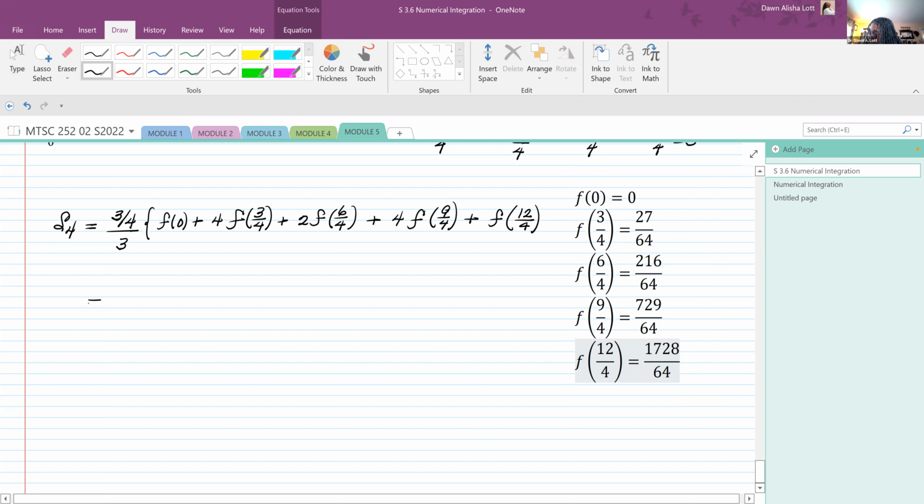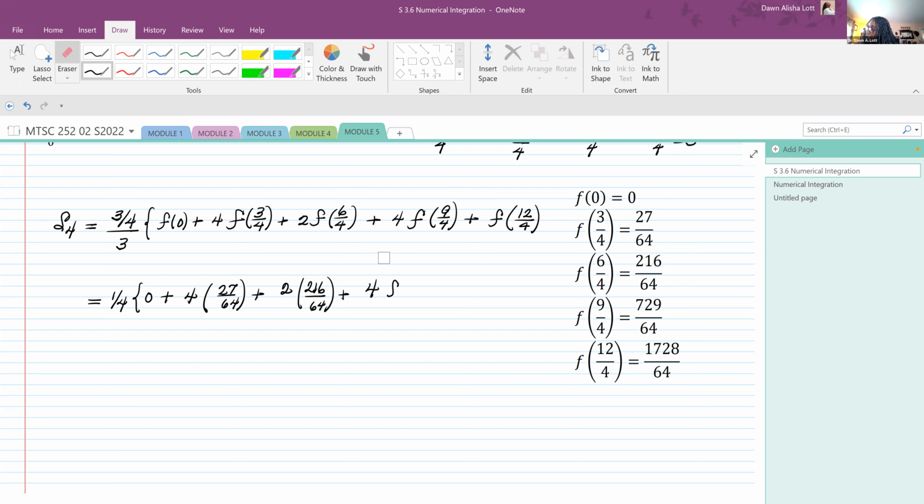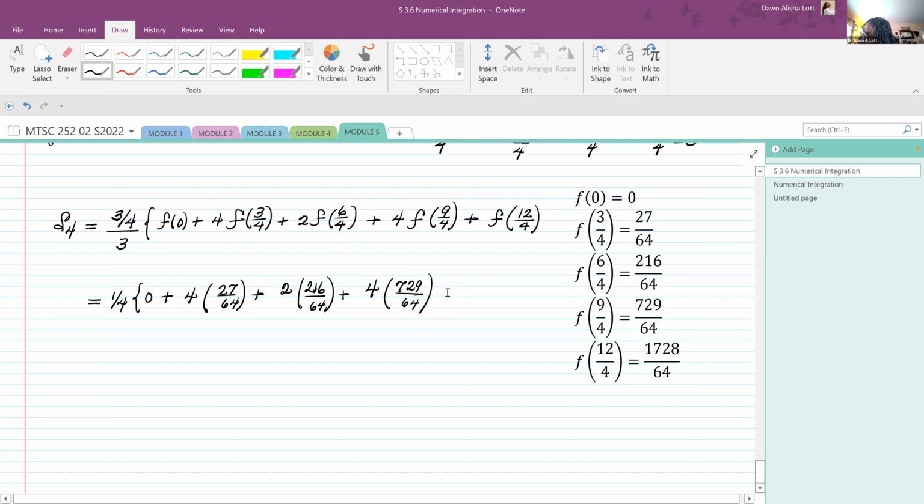So 3/4 divided by 3 is just 1/4. f of 0 is 0, plus 4 times f of 3/4, which is 4 times 27 over 64, plus 2 times 216 over 64, plus 4 times f of 9/4, which is 729 over 64, and then 1 of the last one, 1728 divided by 64. Okay, that looks beastly, but it's not bad.